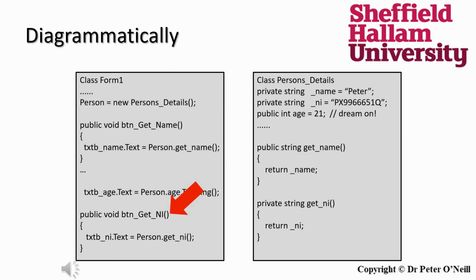Now get NI, because person get NI, problem. It's private. It won't let you do that. So this would actually have a squiggly line underneath it if we were in real code, because it says you can't do that.